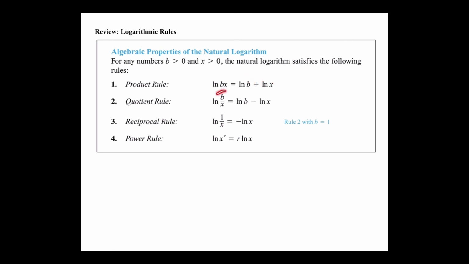Similar idea with quotients, except for subtraction. And just remember that ln of 1 is 0, because if you consider the natural logarithmic function, it has an x-intercept right there at (1, 0). So you could even imagine that's where we have minus ln of x, and we talked about the power rule earlier.